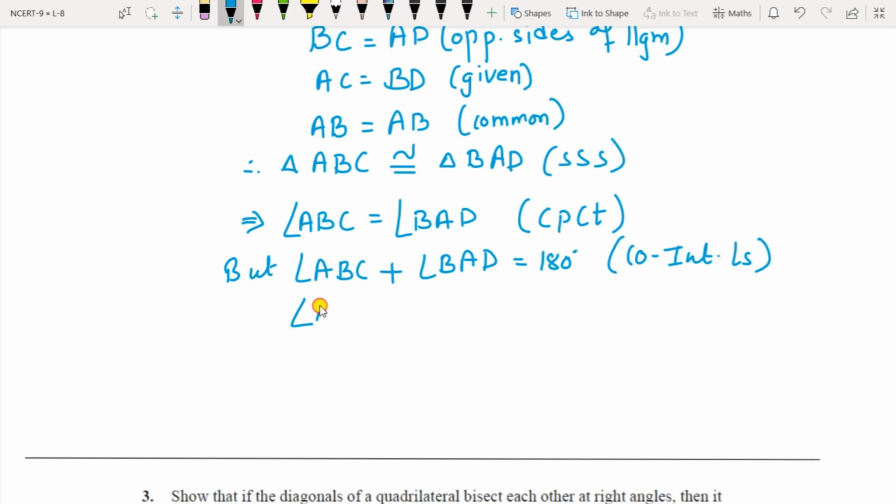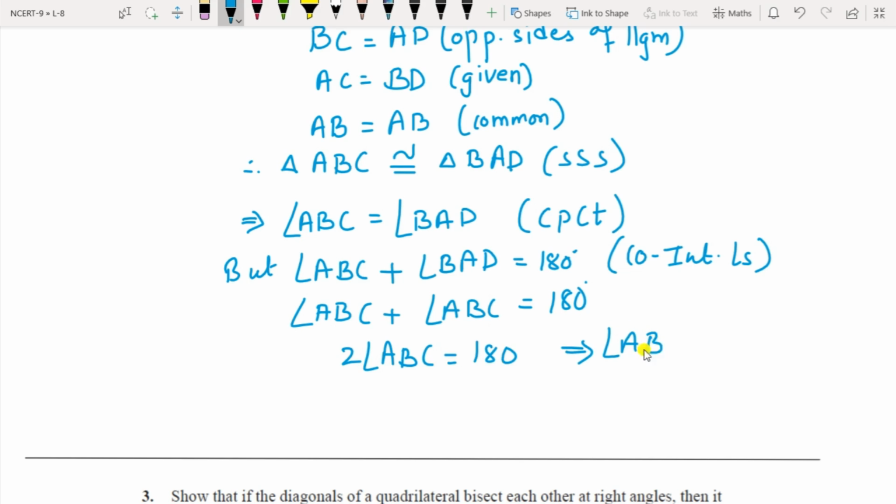Suppose I will be writing here that angle ABC plus angle ABC equal to 180. So 2 times angle ABC equal to 180, which implies angle ABC is 180 by 2, that is 90 degrees.